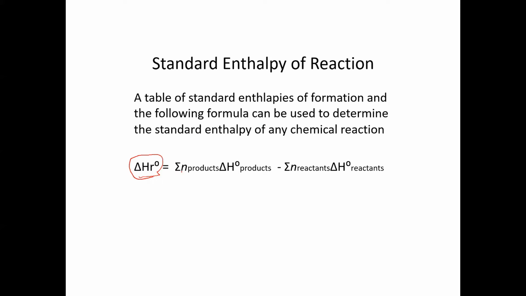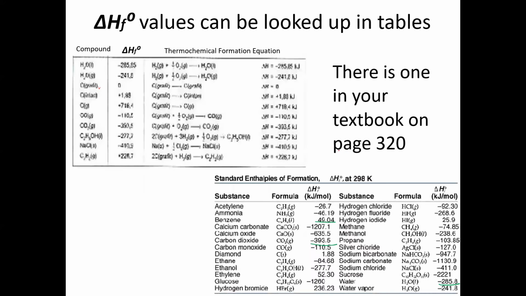It's the sum of the number of products times the enthalpy change of the products, minus the sum of the reactants' delta H. We'll look at this table when we're solving questions because they're just numbers given to you.